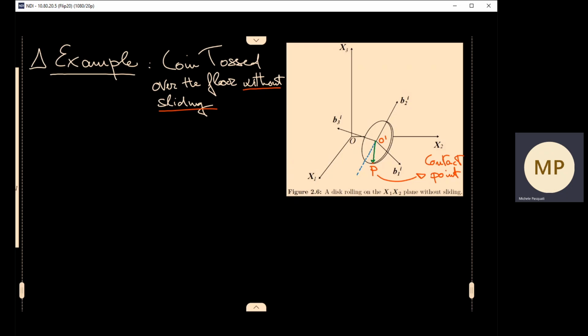Then we have this angle here between the vector going from the origin of the coin to the contact point and the axis B2, which you can call phi.